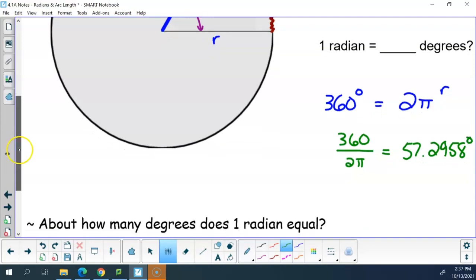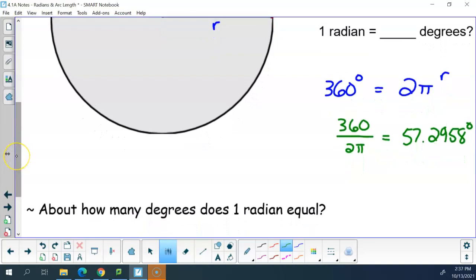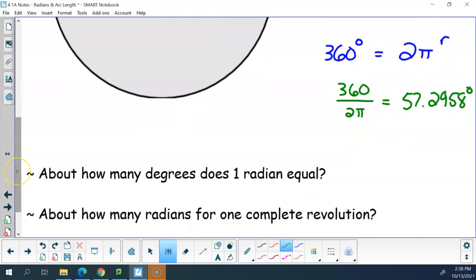So 1 radian is equal to 57.2958 degrees. And it takes 2 pi radians to complete 1 revolution, just like it takes 360 degrees to complete 1 revolution. Okay?